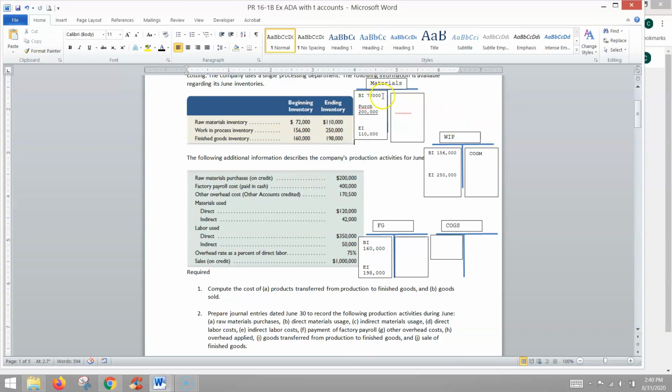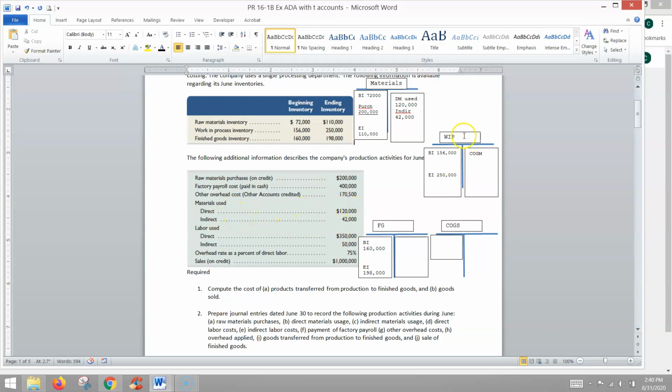And then we can calculate beginning inventory plus purchases minus ending inventory will give us the materials inventory that's been used. But it also actually gives it to us in this actual table as well. So we have materials used, direct, 120,000.